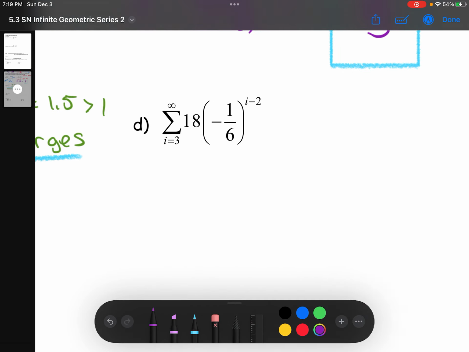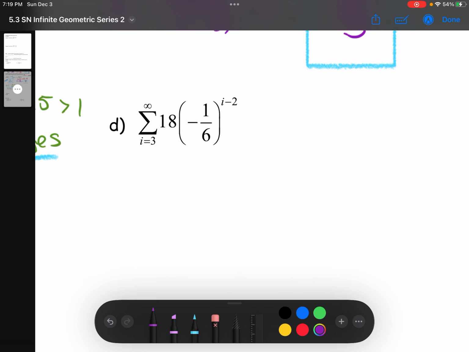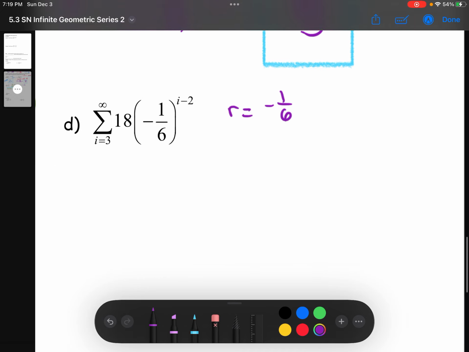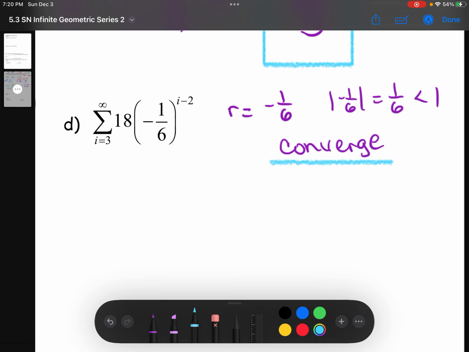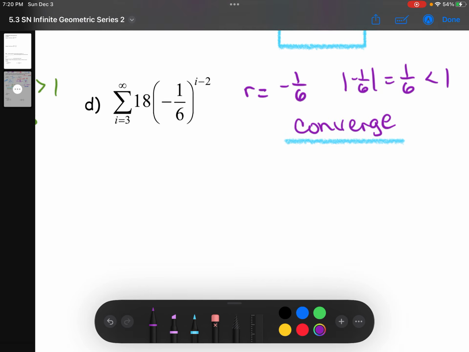So let's take a look at D. Find that r, the value being raised to a power. r here is -1/6. The absolute value of that -1/6 is 1/6, which is less than 1. So this will converge. So it will have an infinite sum. We just need to find it. First thing we need to find is a first.